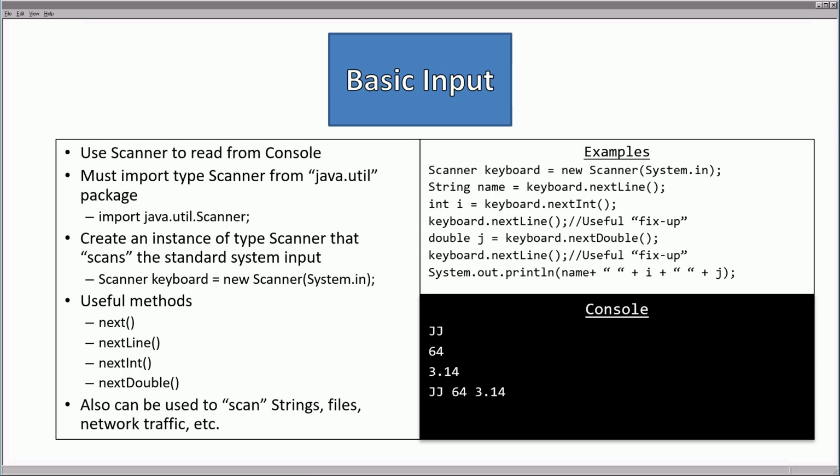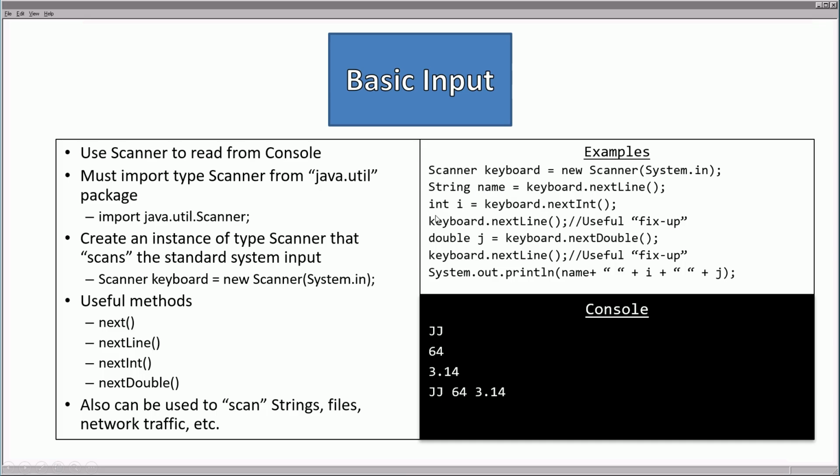Now, if we look over here, we can see this example where we start out by declaring type Scanner identifier keyboard. Then we construct this keyboard passing in System.in, so it's going to read from the console. What we do here, String name, we assign that to keyboard.nextLine. If we look down here, we can assume that this value was entered by the user, which means this was captured and stored inside of the value name.